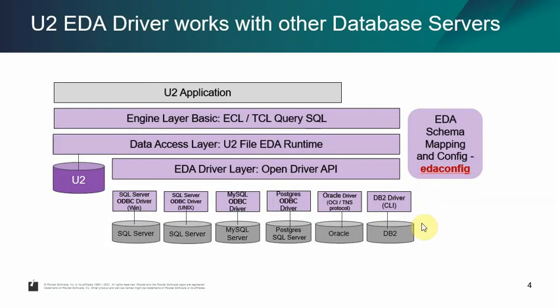On these slides, the most common today are SQL Server, Oracle, MySQL, and PostgreSQL. When you use this solution, all the BASIC programs, commands, or SQL commands on U2 UniVerse and UniData still work fine with the EDA file.